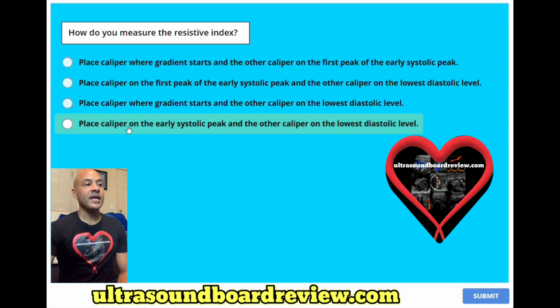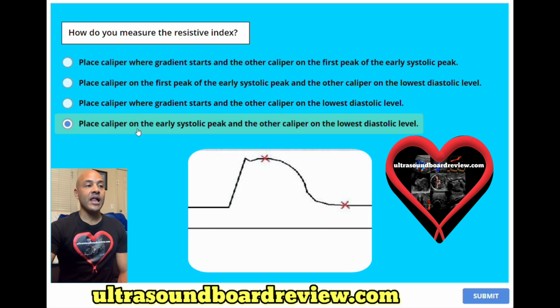Or is it D, place caliper on the early systolic peak and the other caliper on the lowest diastolic level? The answer is D, place caliper on the early systolic peak and the other caliper on the lowest diastolic level.